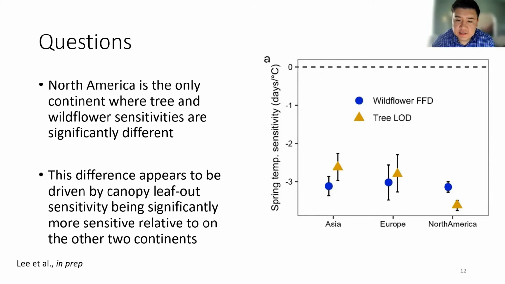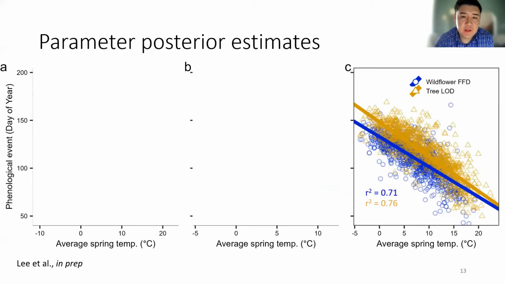What is really interesting to me is that this shift seems to be driven primarily by differences in tree sensitivity to climate, where the North American trees are significantly more sensitive compared to the Asian and European trees. Since the wildflowers don't really differ, it suggests that it's the trees that are driving this difference, and that will be a cool future area of research, I think, to figure out why that is.